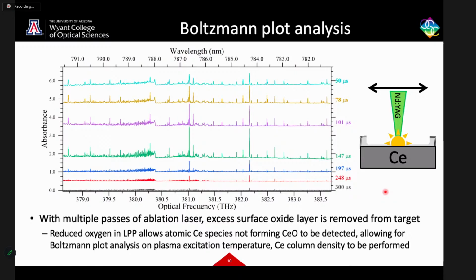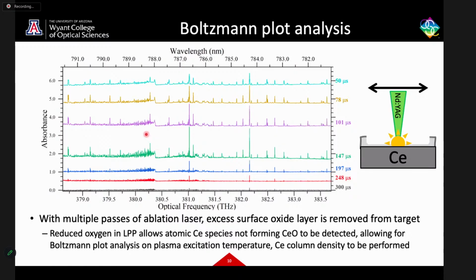However, what we did notice is that as we repeatedly would ablate the surface of that cerium target and etch away more and more of that surface oxide layer, we believe it was then reducing the total concentration of oxygen present in the plasma, which then allowed cerium atomic species to become present within our detection bandwidth simultaneous to the cerium oxide formation.